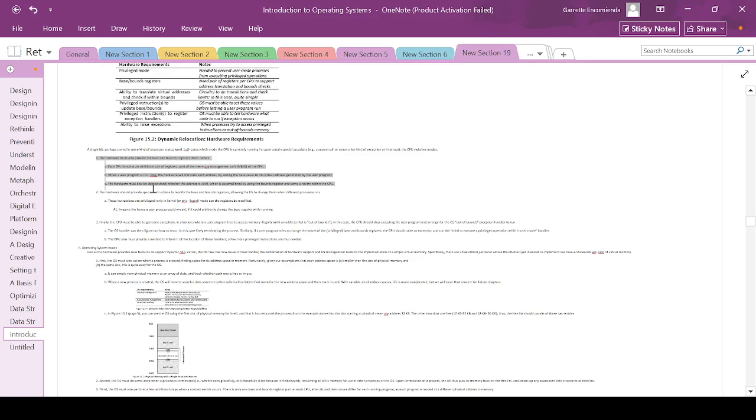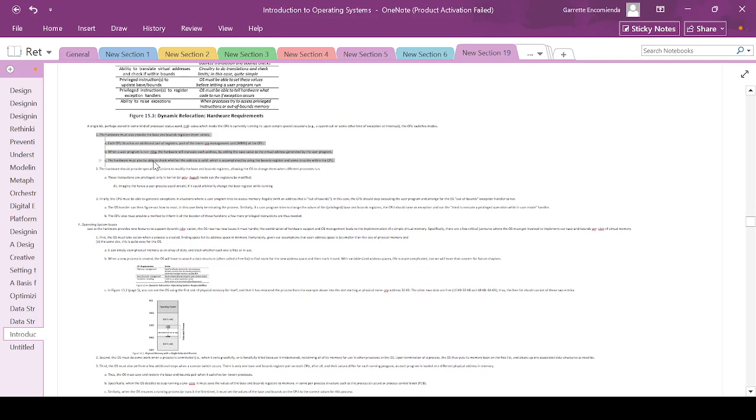The hardware must also provide the base and bounds registers themselves. So the hardware again needs to provide that. Each CPU has an additional pair of registers, part of the memory management unit of the CPU.